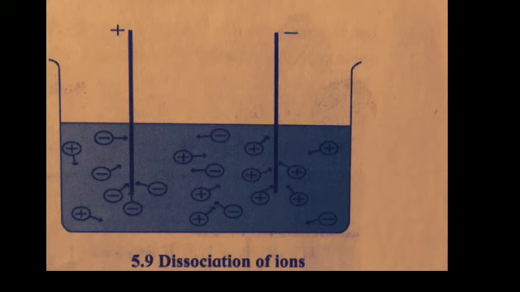The movement of ions in the solution towards the respective electrodes amounts to the conduction of electricity through the solution. From this, you will understand that these liquids or solutions which contain a large number of dissociated ions conduct electricity.